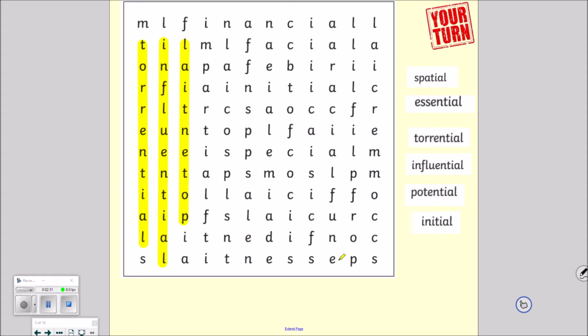We have essential going backwards at the bottom of the word search. Then number two that I found really tricky to find as well, so I wonder if you did. We've got the word initial going across here, and then spatial goes through it all the way up here. So well done if you managed to find those words.